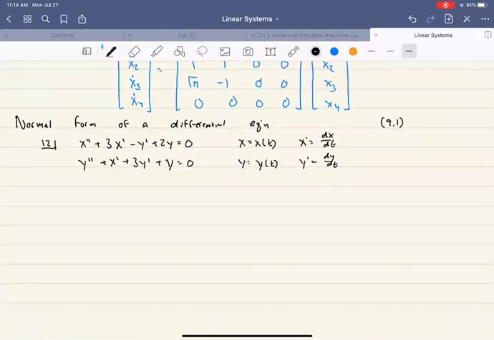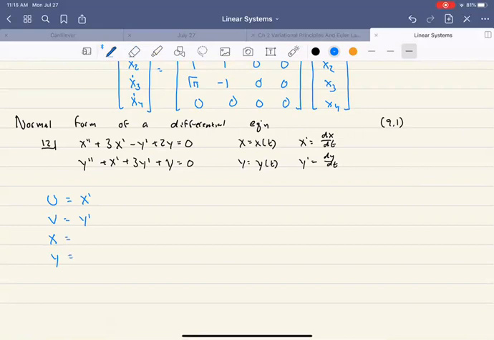We're going to make new variables, u and v, and we're still going to have x and y. But u is going to equal x prime, and v is going to equal y prime.